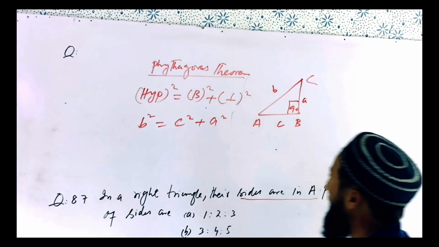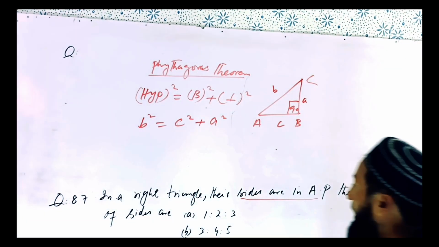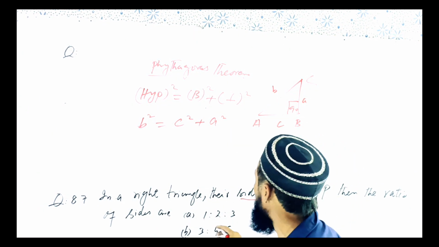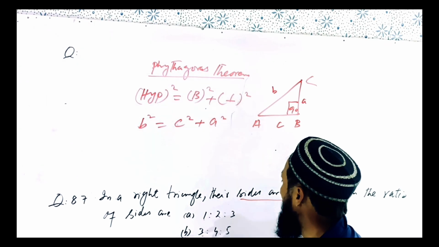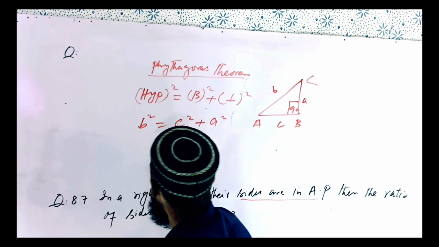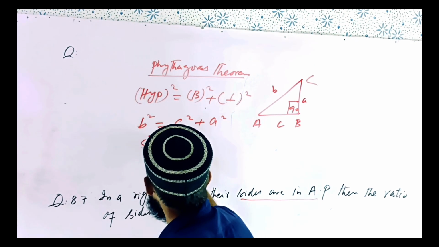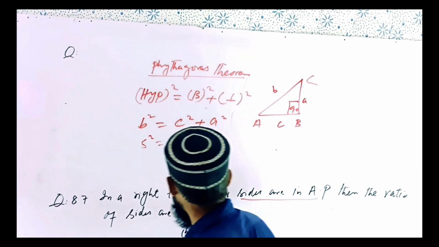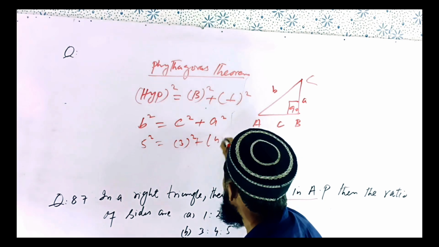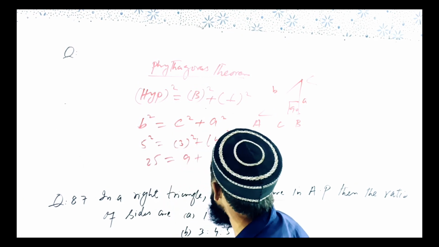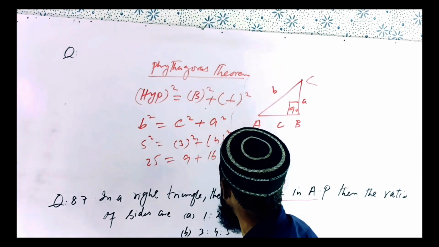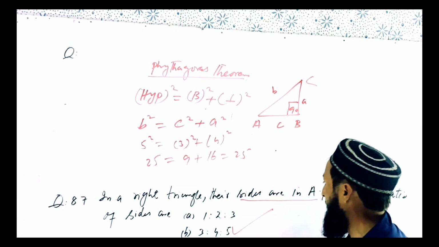According to this formula, look here, if we check the first option, this will not be equal. And if we take 5 as hypotenuse, 5 square is equal to 3 square plus 4 square. So we get 25, 9 plus 16, so we get 25. So B is the correct option.